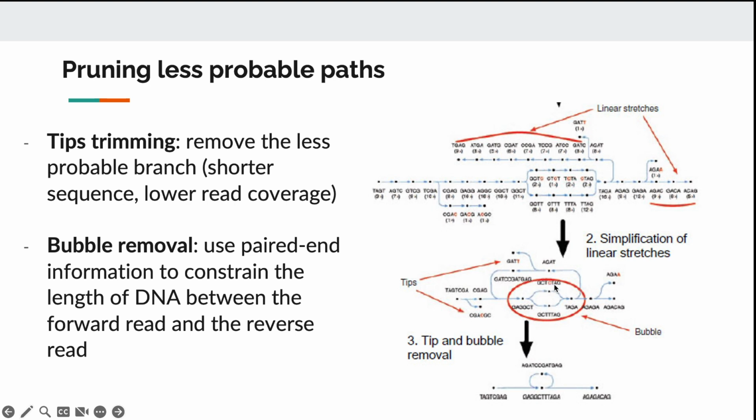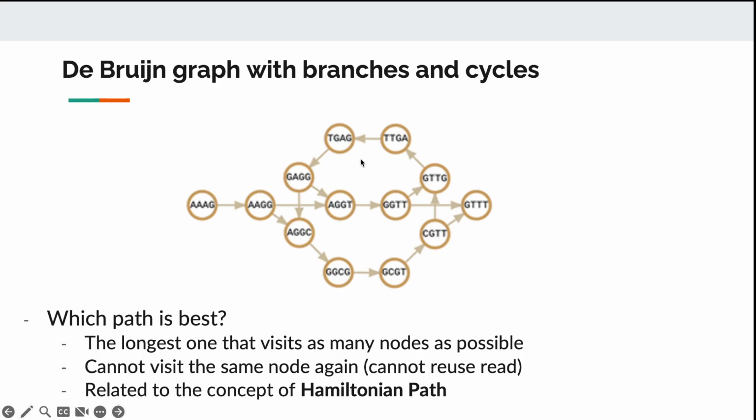count. Notice that in this de Bruijn graph representation, we are not putting the read counts onto it, because the read that produces AAAG might have multiple copies. So even though we represent one sequence as a node, each node can have more or less confidence based on the number of reads that we have with that sequence.